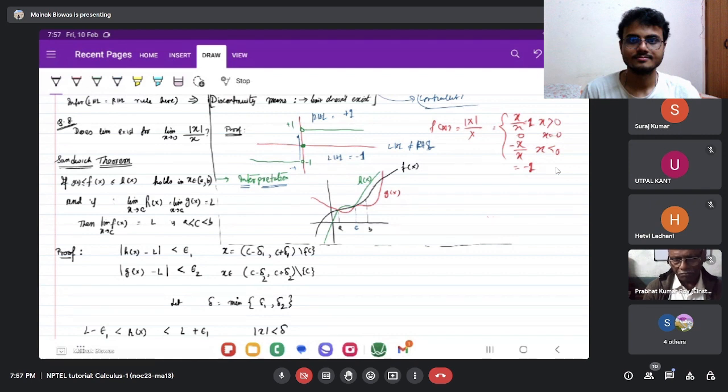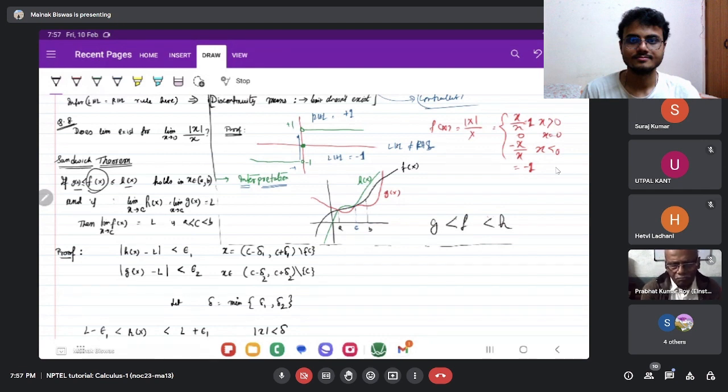Anyways, so say you have a function g of x and an h of x such that a function f of x is always sandwiched between them. See, f as I have drawn is between g and h, right?